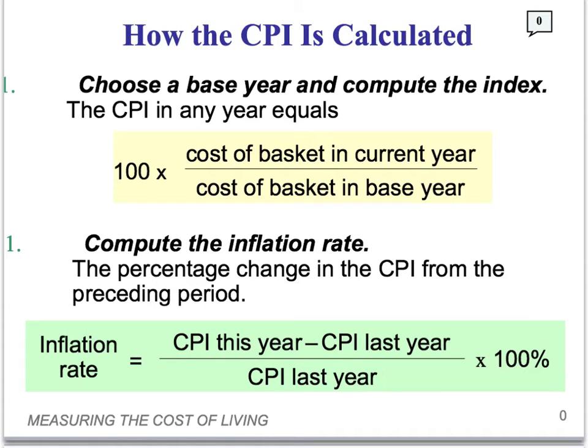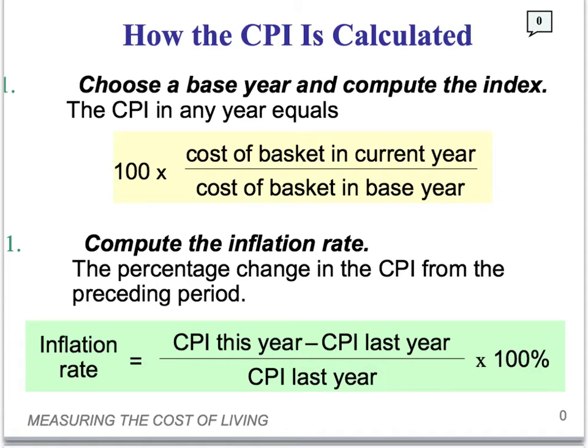Okay, here's how the CPI is calculated. I'm going to give you a minute to look through this. It's a pretty simple calculation. You're taking the cost of the basket in the current year versus the cost of the basket in the base year.